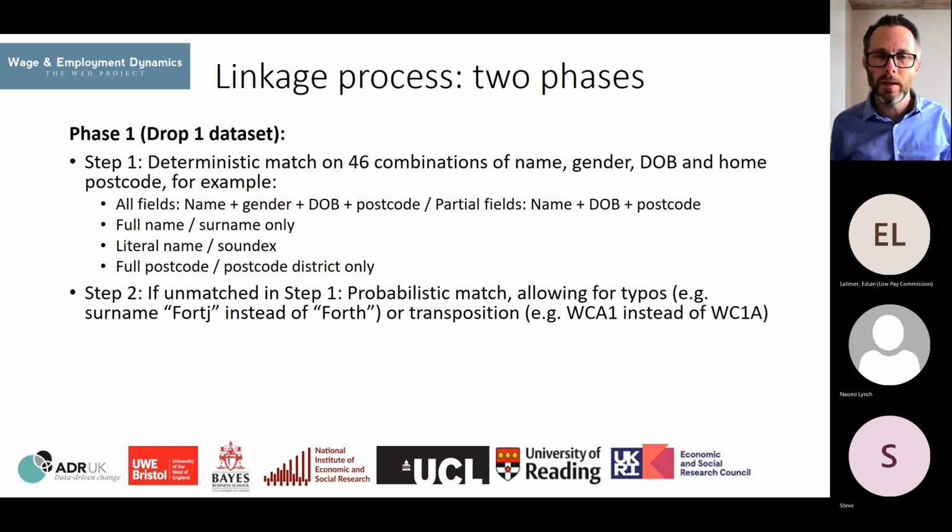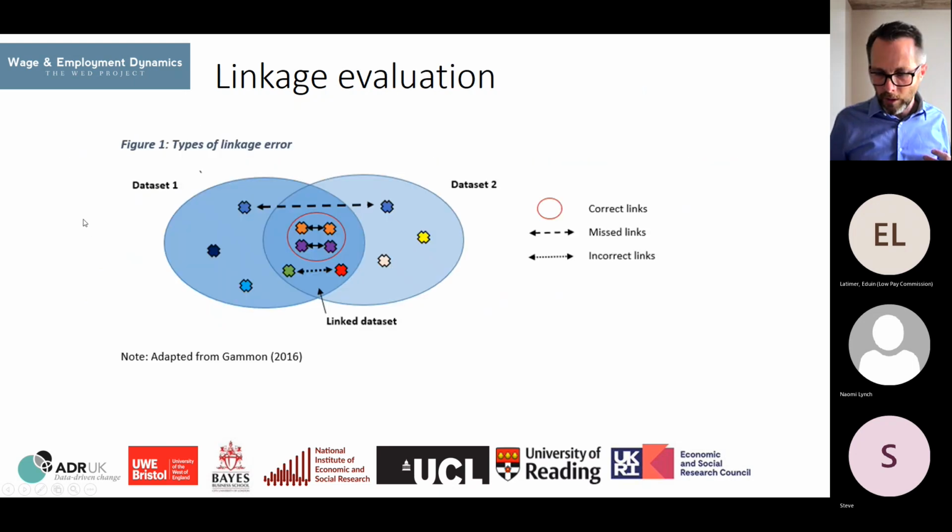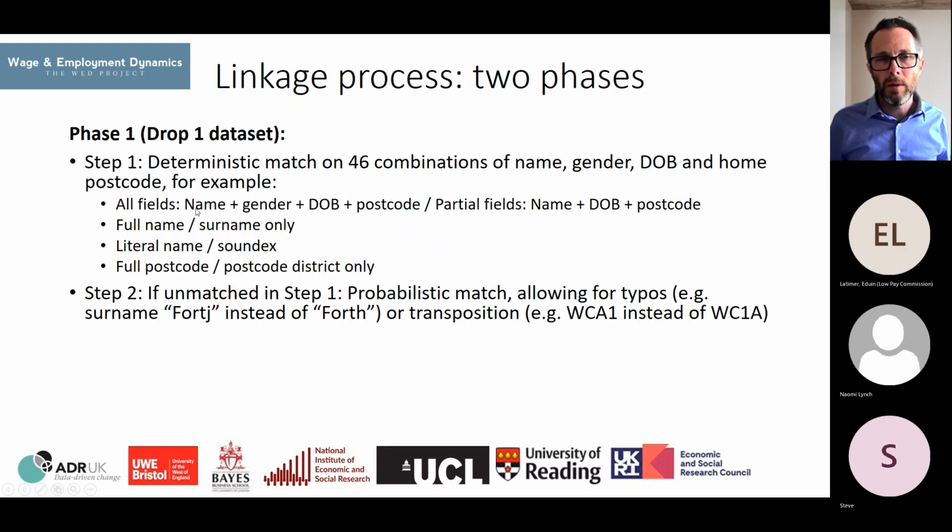They give all of those 46 combinations a different score, essentially based on the completeness of the match fields. So if two records were linked, having exactly the same name information, exactly the same gender, exactly the same date of birth, exactly the same postcode, they would get a score of 1 because all of the key fields match exactly across the two data sets.